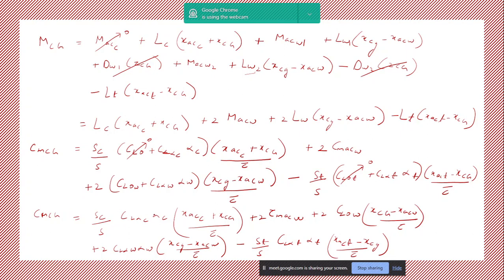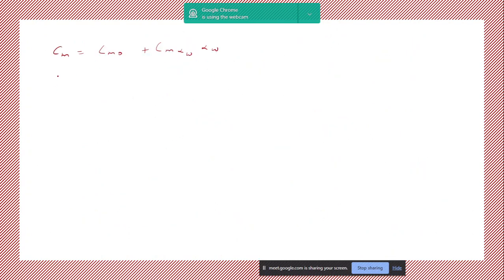So before that, what is this alpha C? What is the angle of attack seen at the canard in terms of alpha wing? What will it be? So it will be alpha plus the canard setting angle, right?